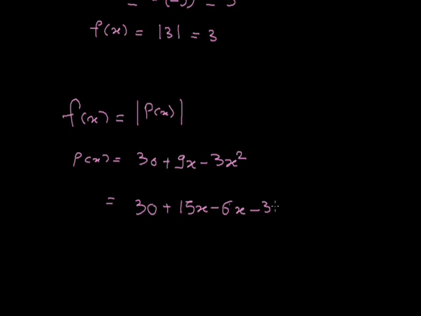minus 3x², and we take 5 as common from the first two terms. So it is 5 times (6 plus 3x), and we take minus x common from the last two terms, which gives (6 plus 3x).